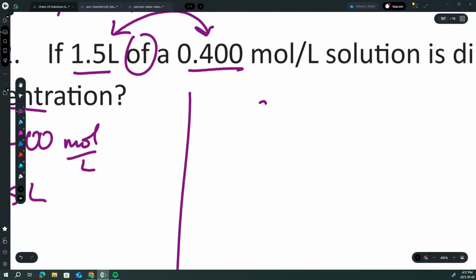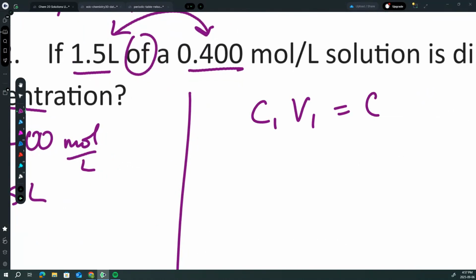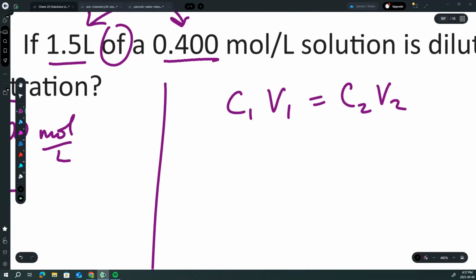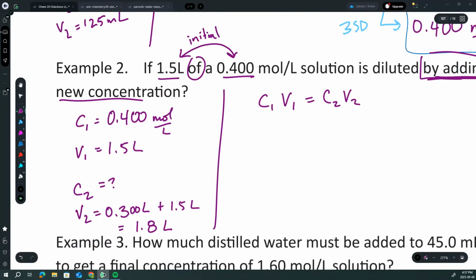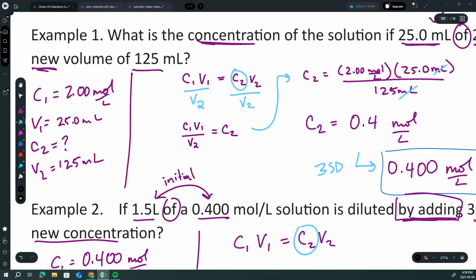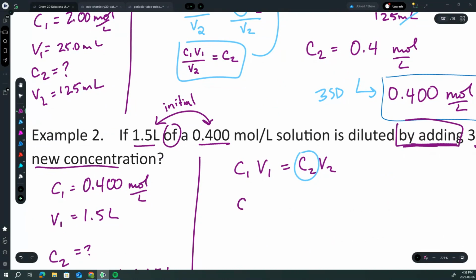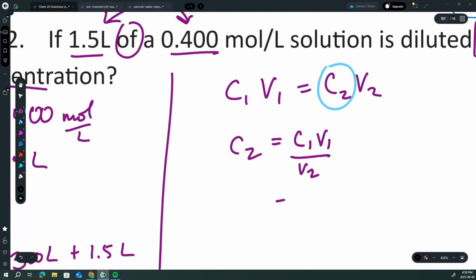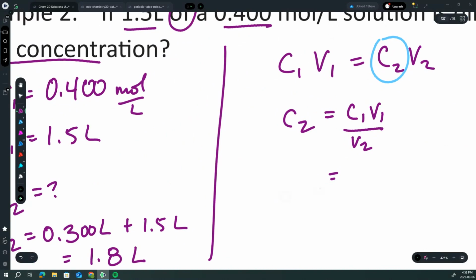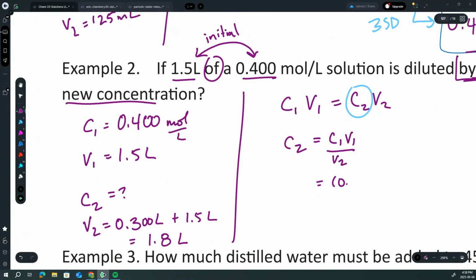All right, let's go, C1V1 is equal to C2V2. So we're looking for C2. I'm just going to jump straight to here because I've already showed you how to get this formula. And now I'm just going to plug in my numbers.